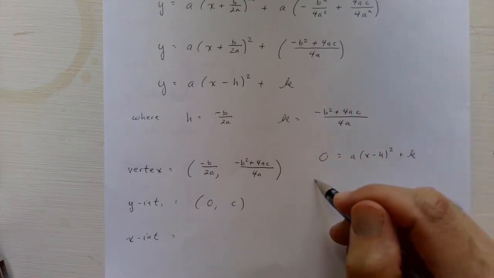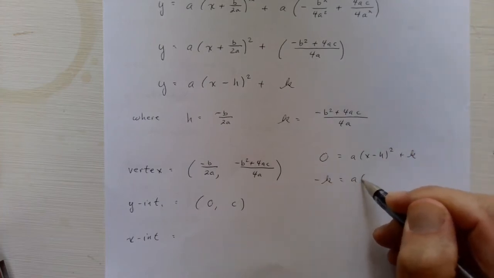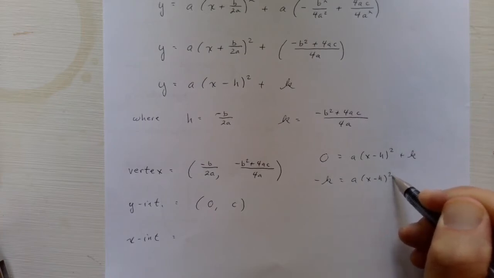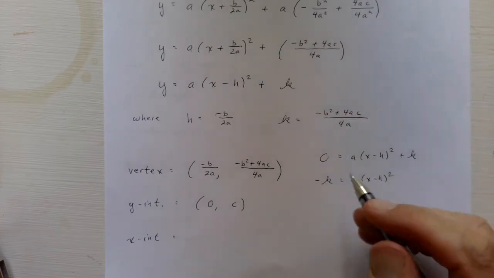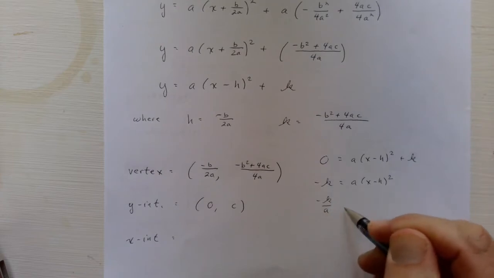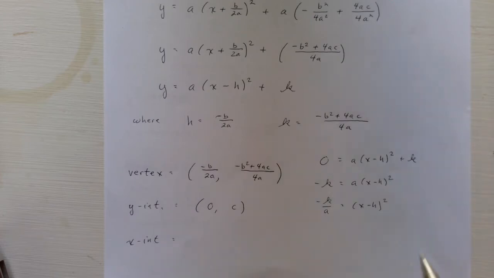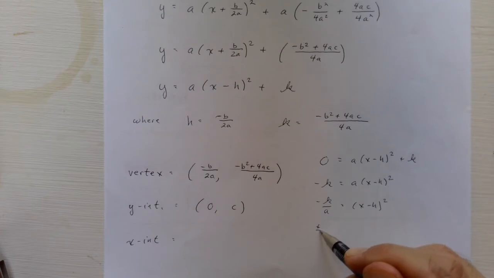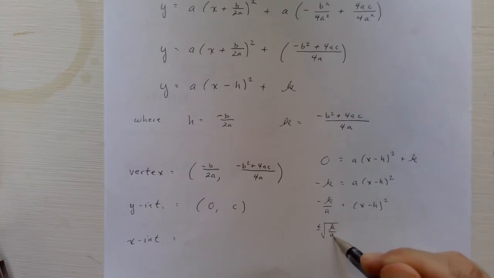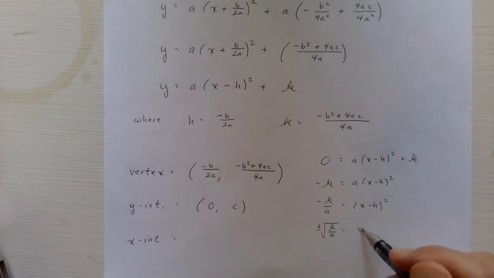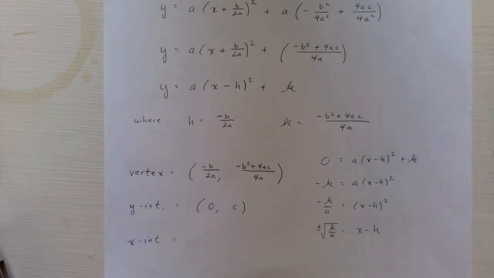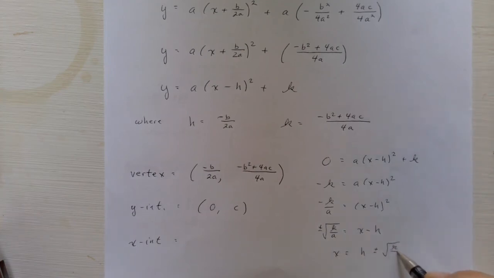Subtract k from both sides. And divide by a. And take the square root of both sides. And then just add h to both sides. So x would be h plus or minus the square root of k over a.